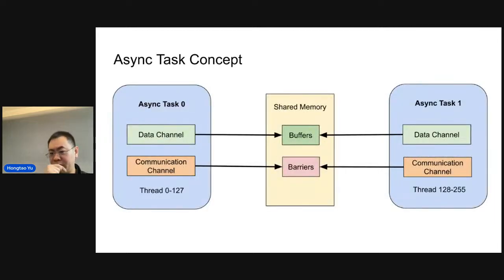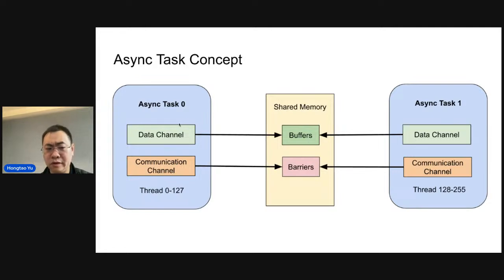Our implementation is mostly based on an async task concept. We are abstracting a specialized warp to be a kind of task, and the task can run in parallel simultaneously with other tasks that are doing a different job, so they do not compete for the underlying hardware resources. Tasks communicate with each other through barriers in shared memory. They also share data through buffers in shared memory.